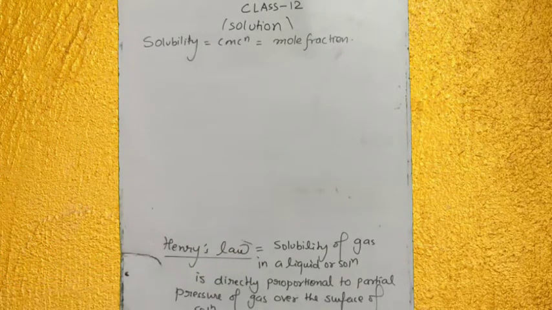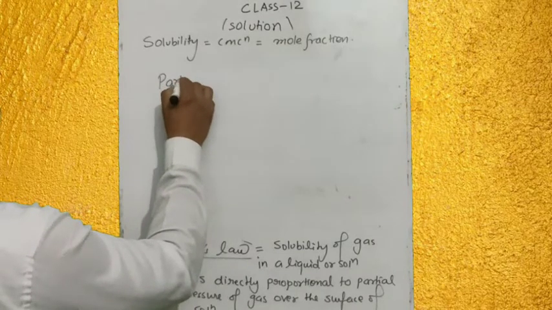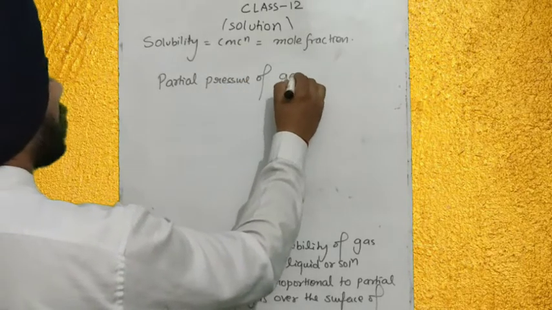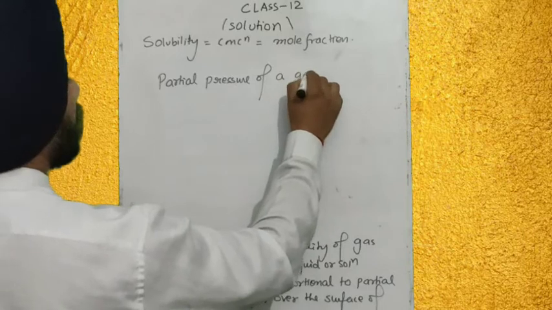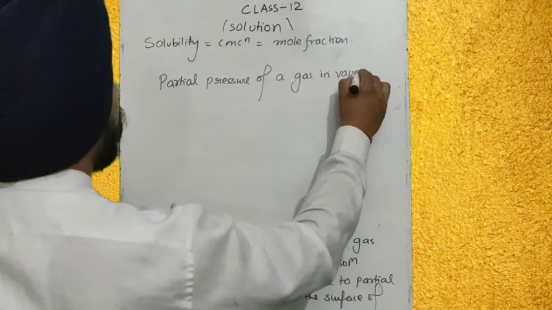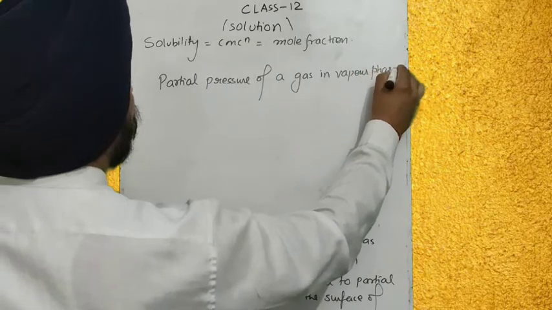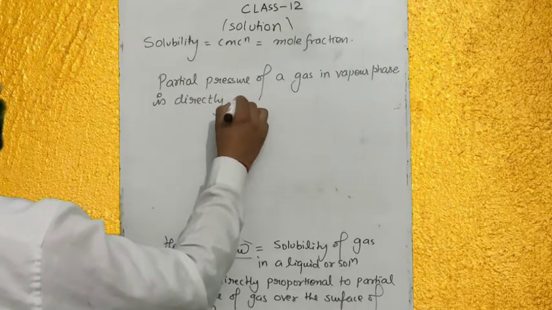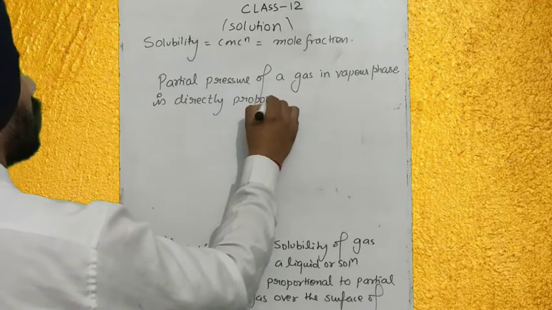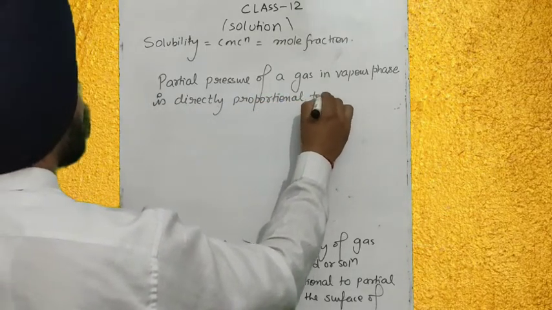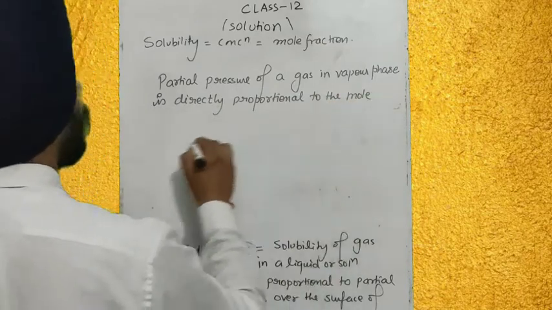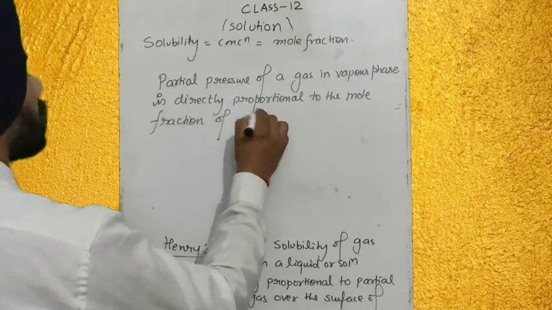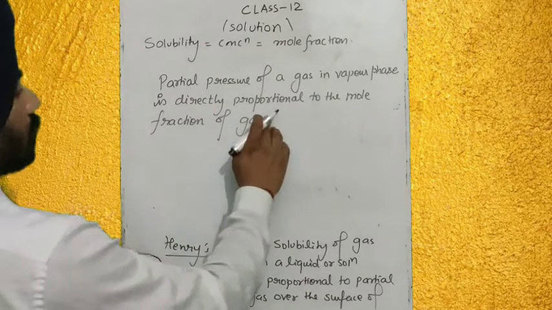Or we can write it as: the partial pressure of a gas in the vapor phase is directly proportional to the mole fraction of the gas in the solution.